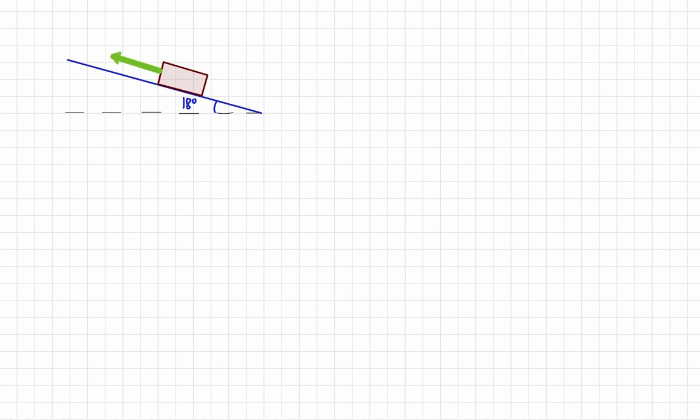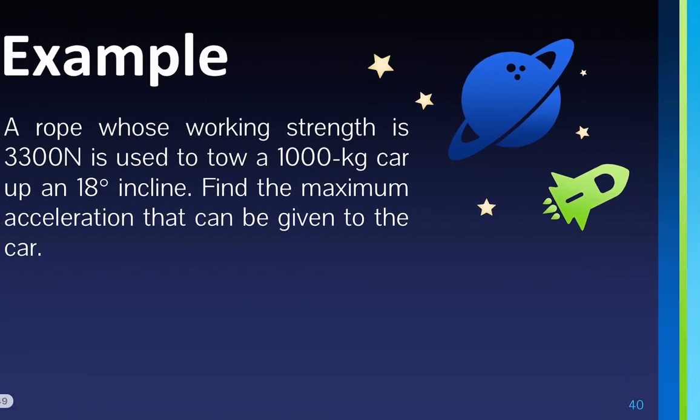The tension there is 3,300 newtons. And the mass of the car is 1,000 kilograms. Our question is, find the maximum acceleration that can be given to the car.